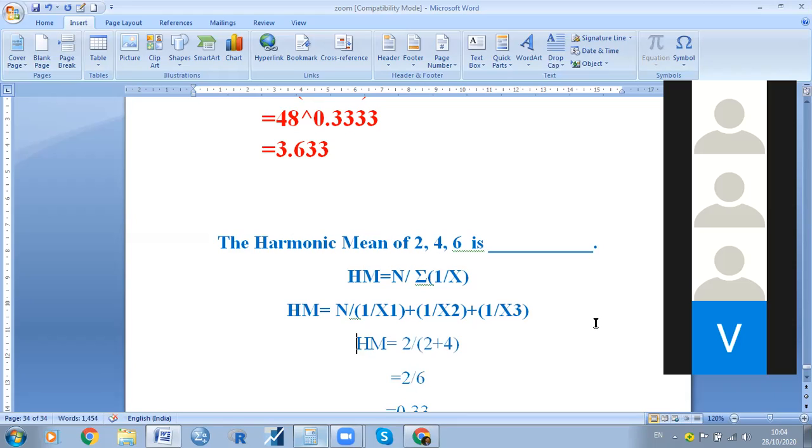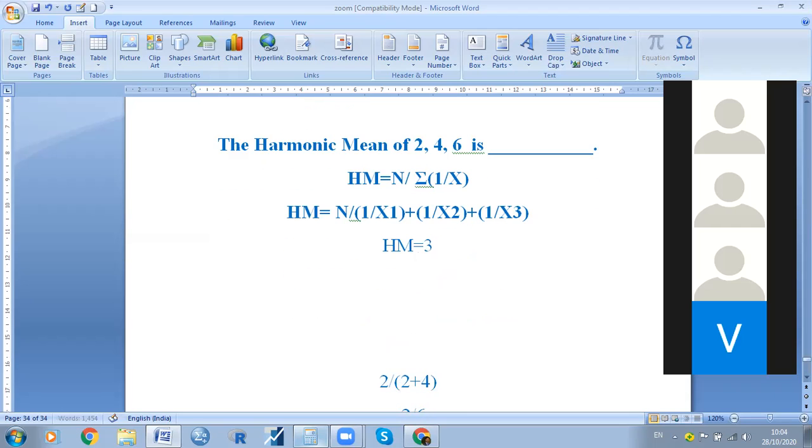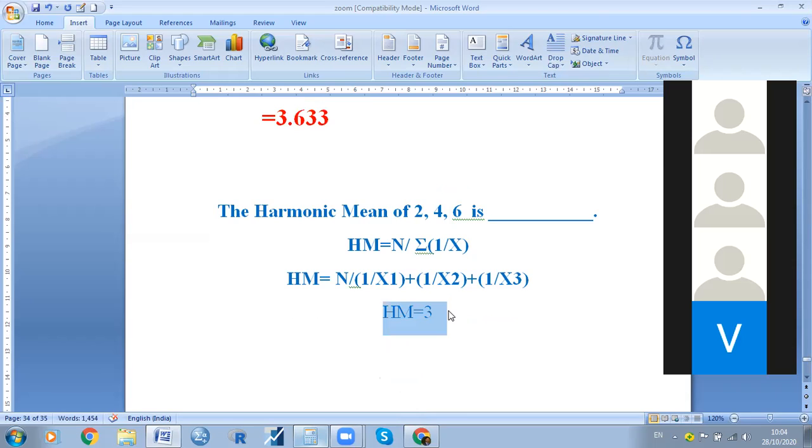The next step: n is the number of observations, which is 3. So n is equal to 3 divided by 1 by x1.